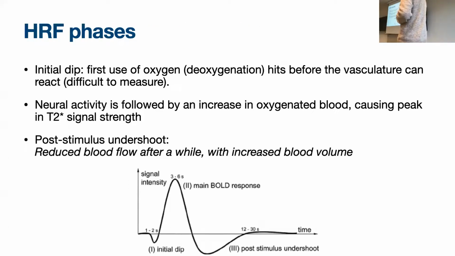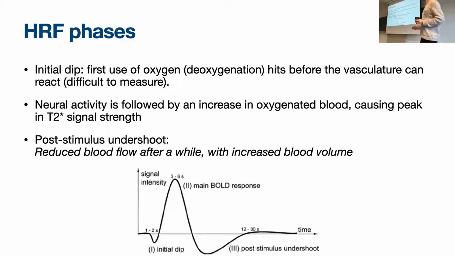Now, I want to go through different phases of this response, because so many of them are there very consistently. A couple of them are very, very clear. Some are less, but each of them stands for a different part of this cascade of metabolic responses. Yes, the stimulus happens at time 0.